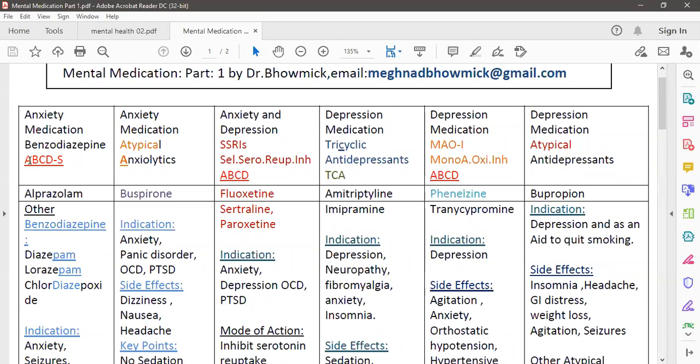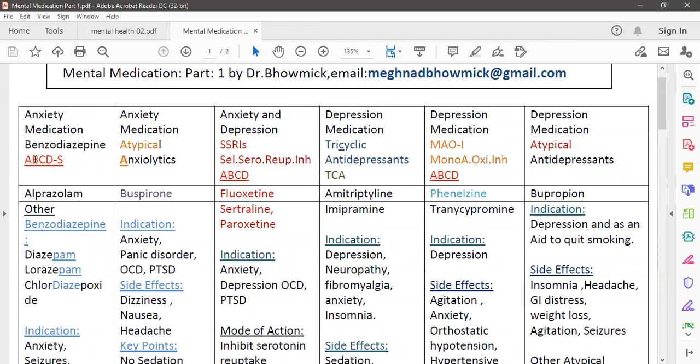If you give your patient benzodiazepines, the patient may develop bradycardia or blood pressure goes down. So A stands for altered vital signs.